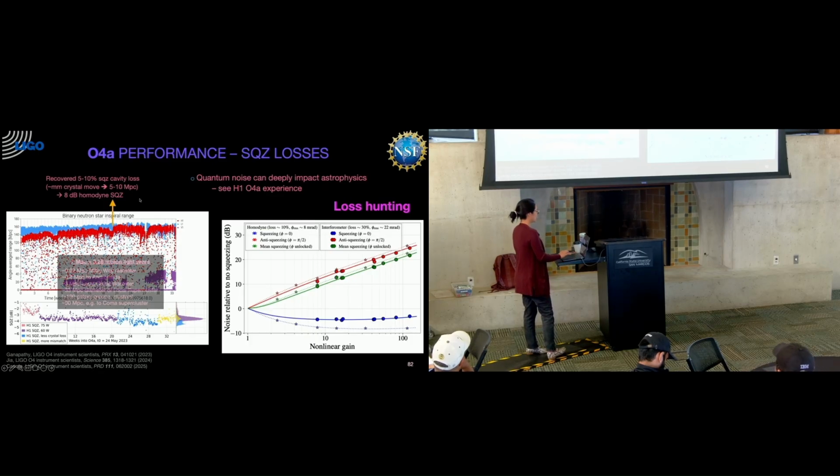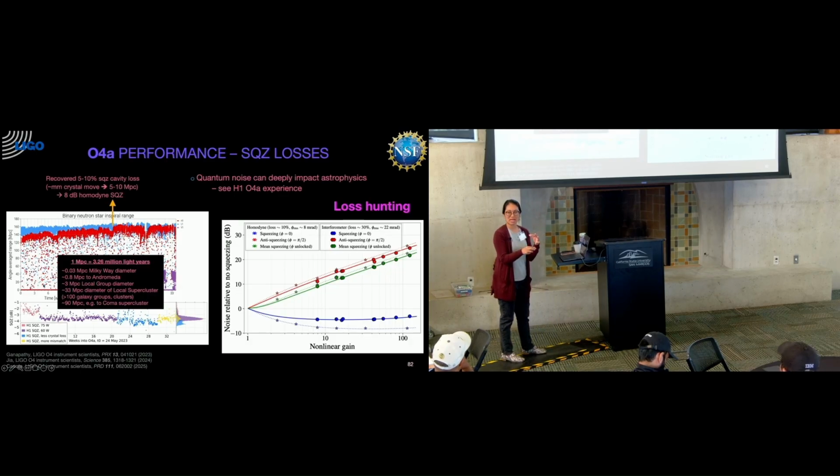That's a complicated statement, but just to put this into context: if we move a nonlinear crystal in a cavity by about 2 millimeters, we can extend our observational range by up to 10 megaparsecs. For example, it's about 1 megaparsec to Andromeda. It's about 3 megaparsecs for the local group.